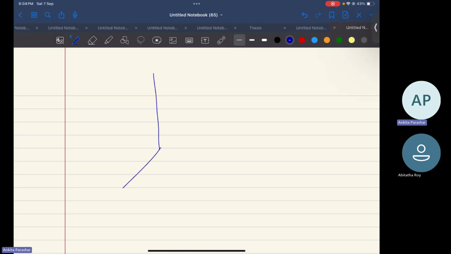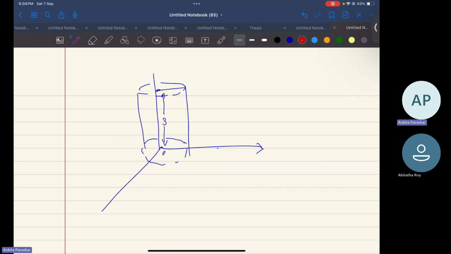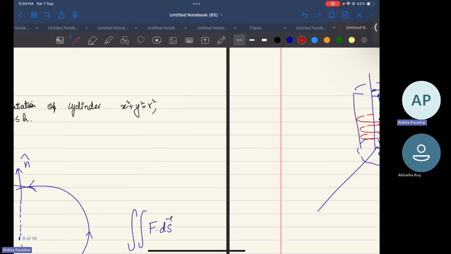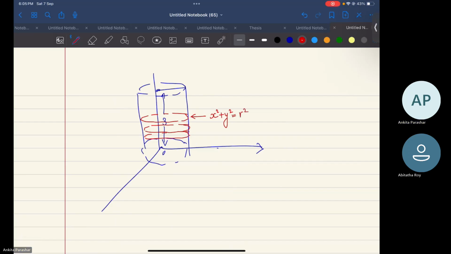So let's just roughly draw it. I'm very bad at drawing, but forgive me for that. Each circle in the cylinder has the same equation, x square plus y square equal to r square, the general radius. I know the height is nothing but 3.